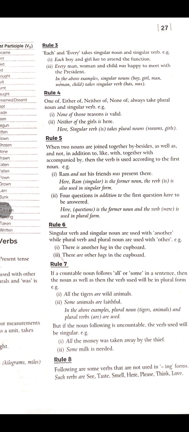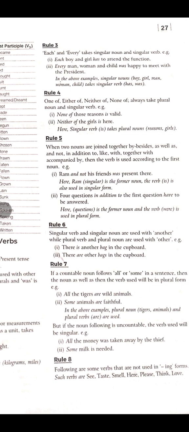We can see an example here: none of those reasons. So after "none of", what is written is in plural form, and after that the verb used is in singular form, like "is", and "reasons" is in plural form. So "neither of the girls" is plural, "is" is singular.